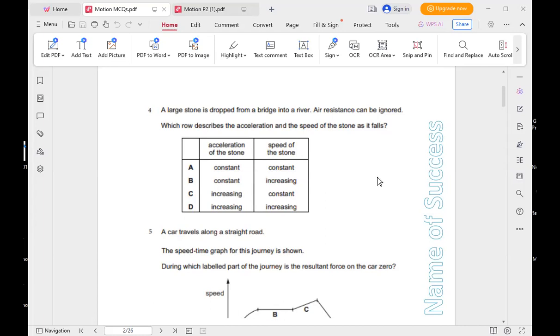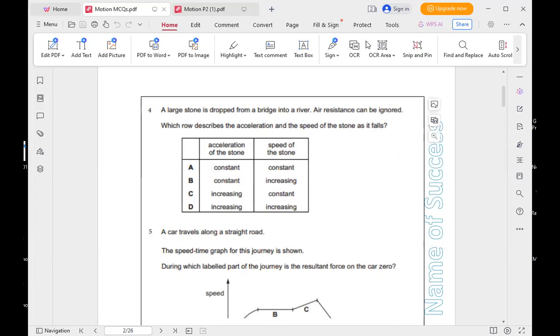When the body is coming from up to down, we discuss terminal velocity. When we have air resistance, the acceleration of the body decreases. But when air resistance is negligible, the acceleration is constant.